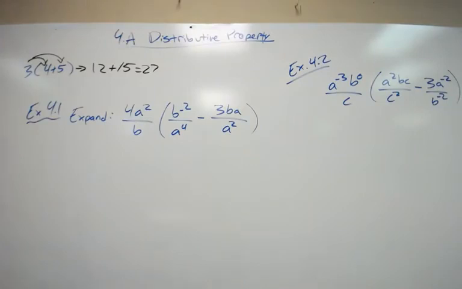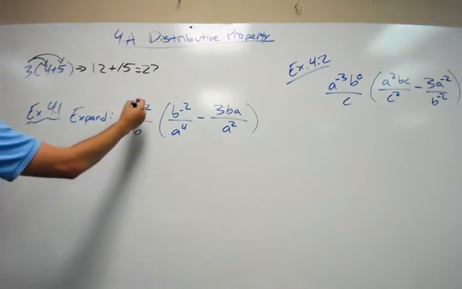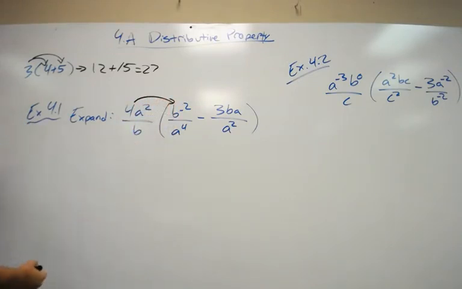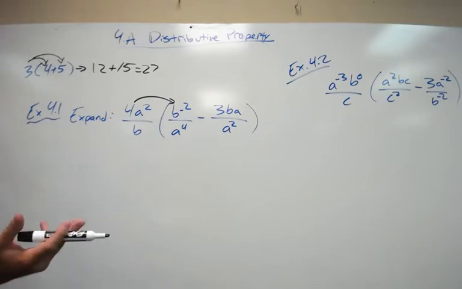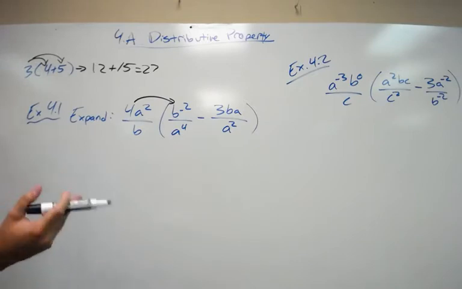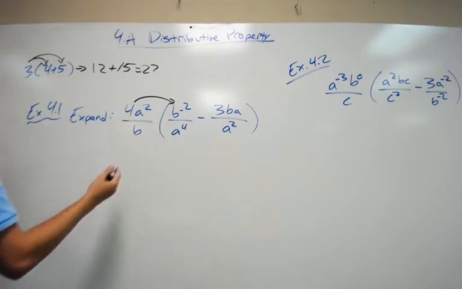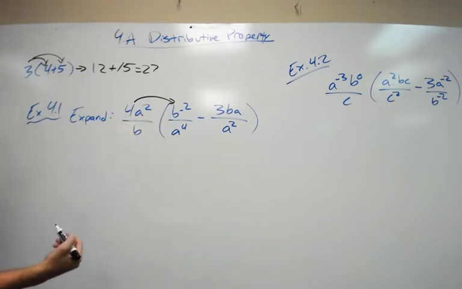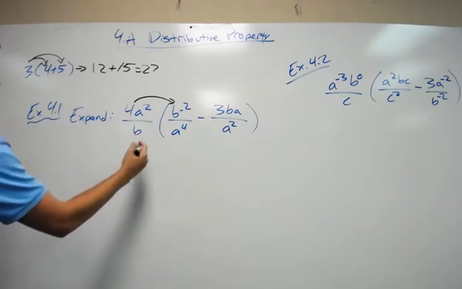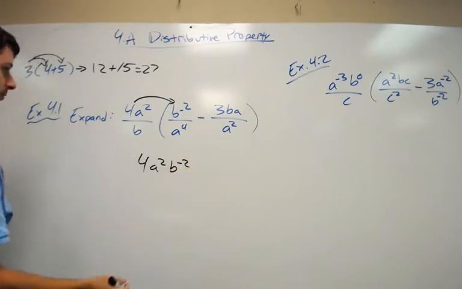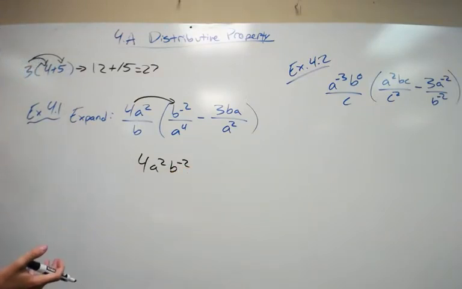So we start with the 4a squared being multiplied by the b negative squared. Well, if you remember, when you multiply variable exponents, you add them together if they are the same. There's an a and a b, so they cannot be added together. So we are left with 4a squared b negative squared. You simply combine it. It's that easy.